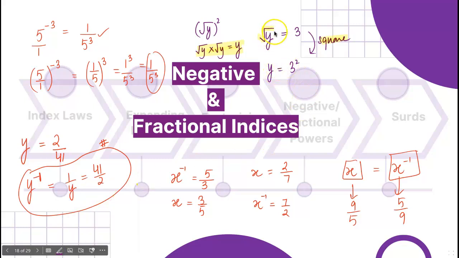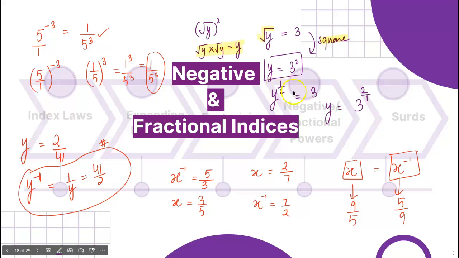So if square root of y is equal to 3, y will be 3 squared. Correct? If I show you, square root can be written as power half, so y to the power half is equal to 3, and later on you write y is equal to 3 to the power 2. Can I write it as 2 over 1?